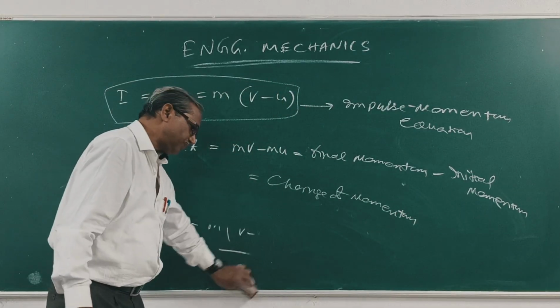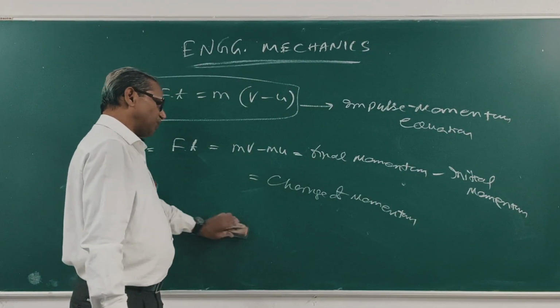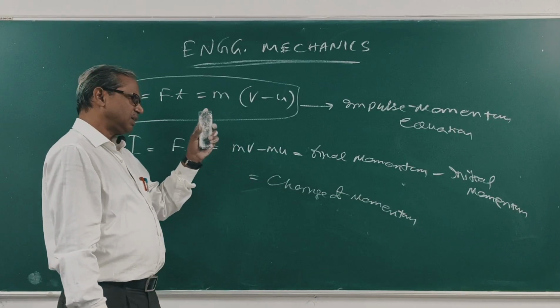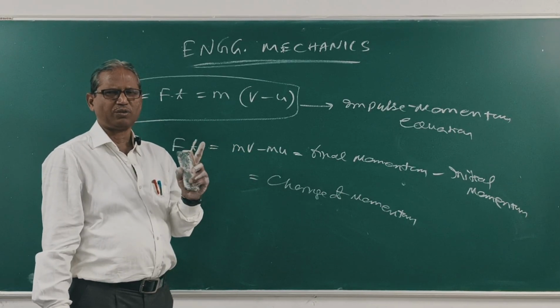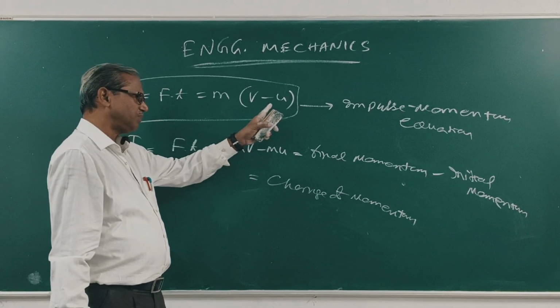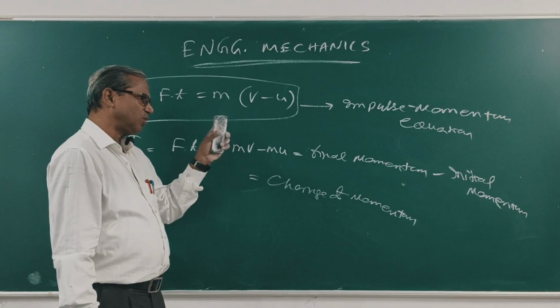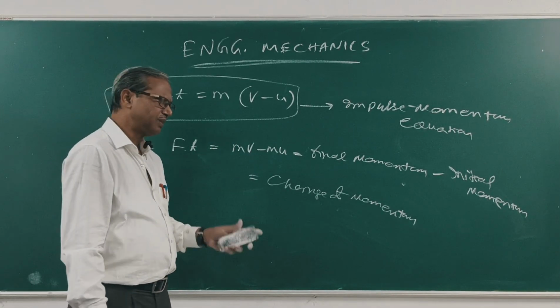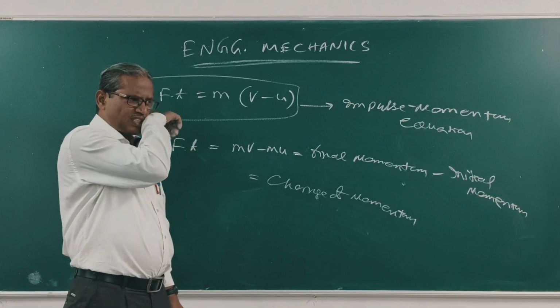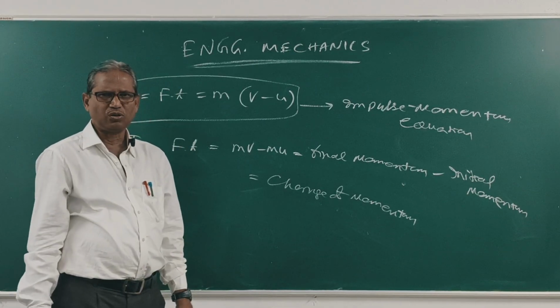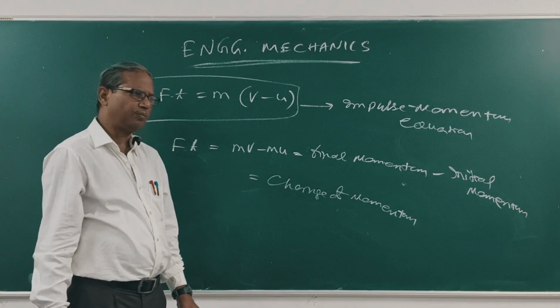Clear? Hence, the impulse is also defined as the change of momentum of the body. This is known as the impulse momentum equation. I is equal to F into T is equal to m into (v minus u). Clear? Now we will discuss the law of conservation of momentum.